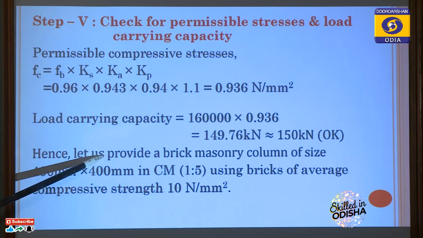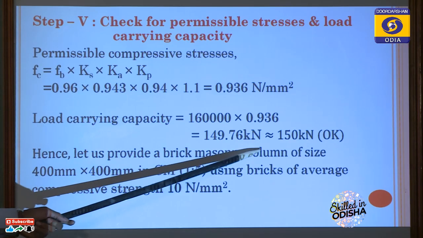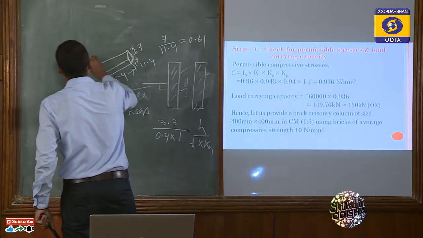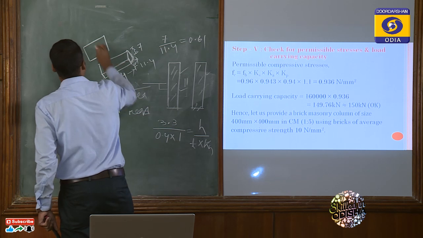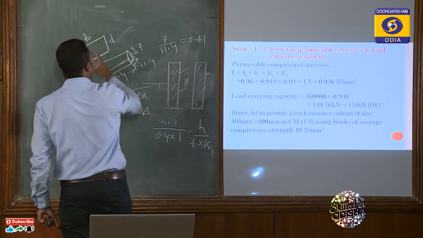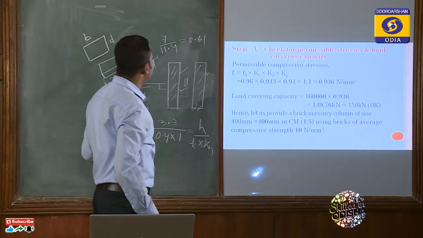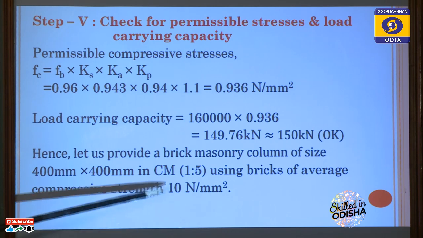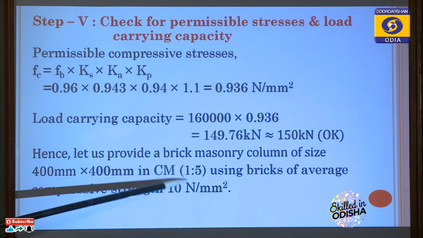So let us provide a brick masonry column of size 400 millimeter into 400 millimeter, that means this column has B and D as 400 millimeter and 400 millimeter. We have to use cement mortar of grade M1, in which the cement to sand ratio is 1:5.